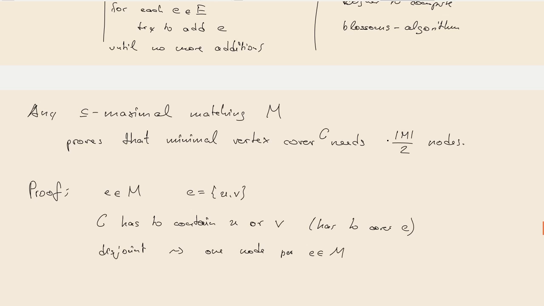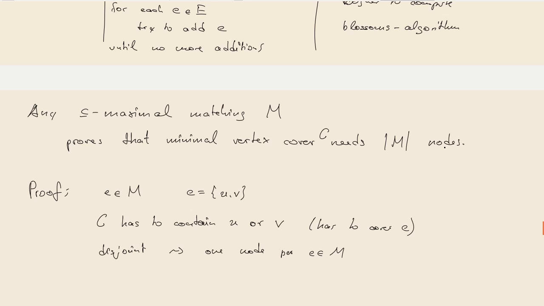Sorry, that was bogus. We need exactly the number of nodes that we have edges in the matching. The point is that each edge actually has two nodes in the matching, so we will in a second see how these two connect. But whenever you find a matching, an inclusion maximal matching of a certain size, then you know that a vertex cover has to cover these edges and needs at least so many nodes.